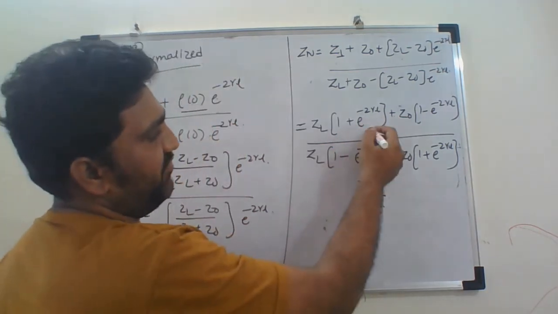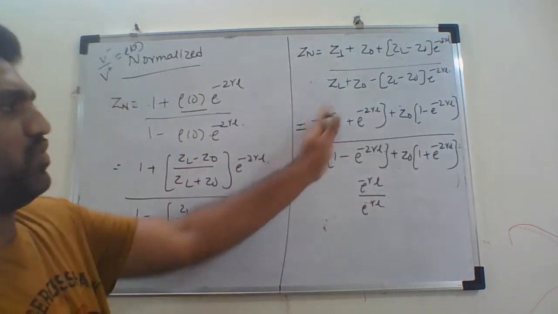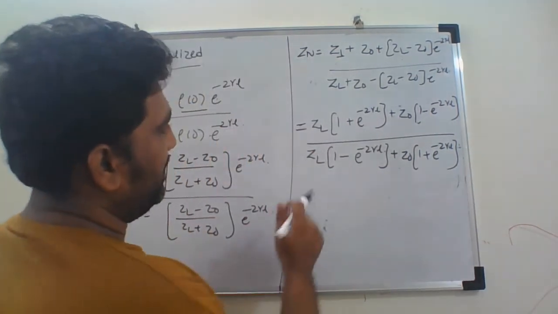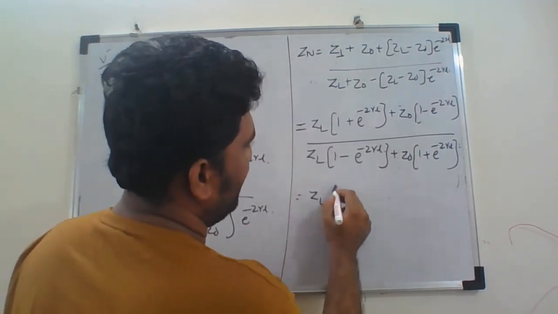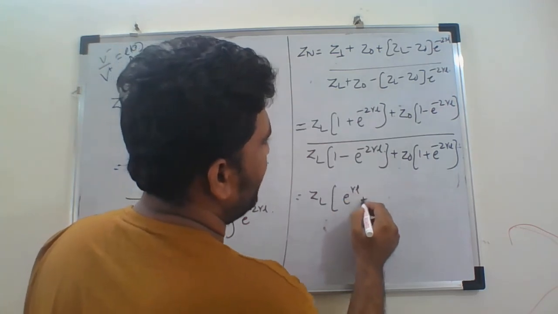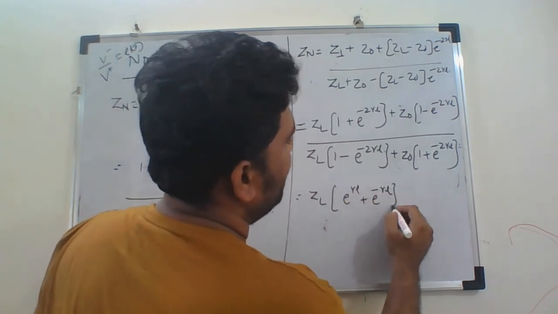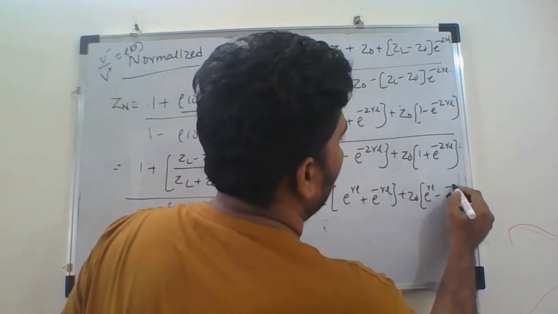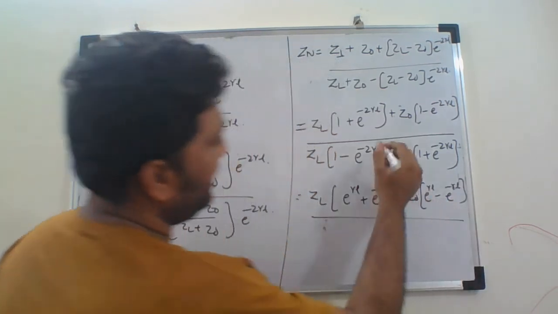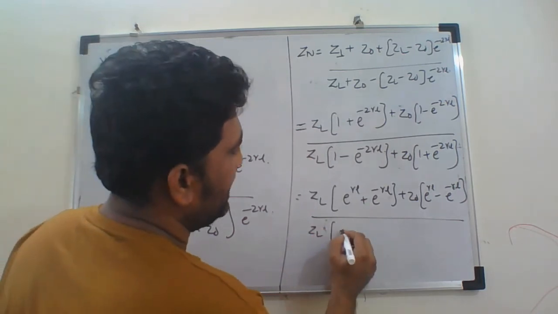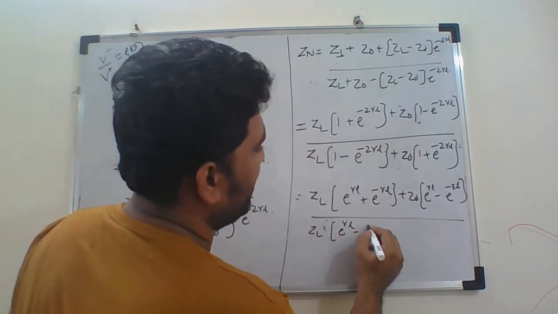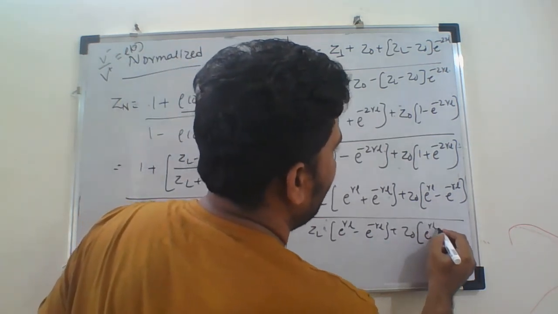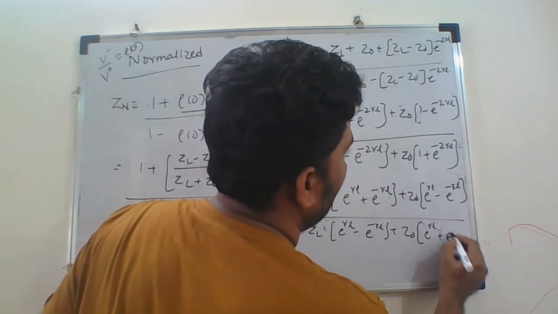So if I take the LCM out of all these terms, what I will get is ZL into (e power gamma L plus e power minus gamma L) plus Z naught into (e power gamma L minus e power minus gamma L), divided by ZL into (e power gamma L minus e power minus gamma L) plus Z naught into (e power gamma L plus e power minus gamma L).